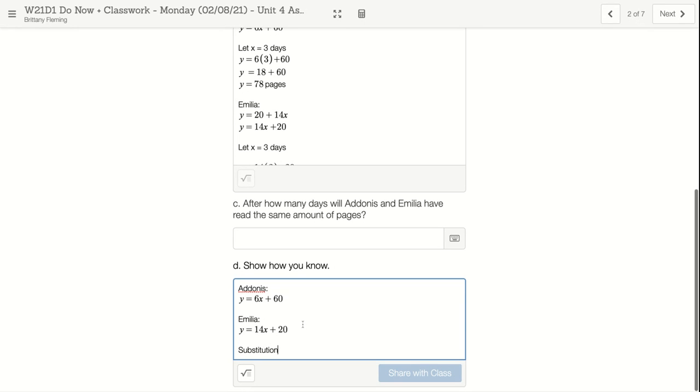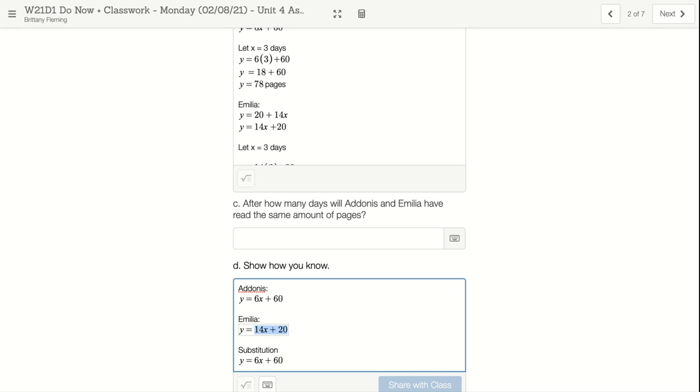Now, what I will do is I'm going to write equation 1. Then I wrote equation 1. Here it is right here. Then I'm going to substitute in the expression for y from equation 2 into equation 1.